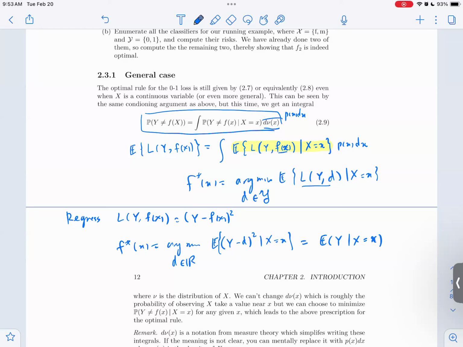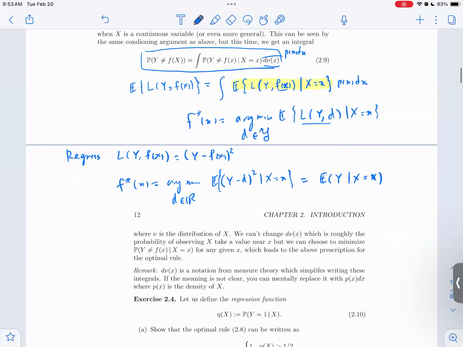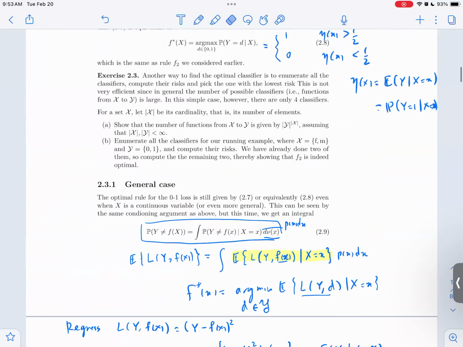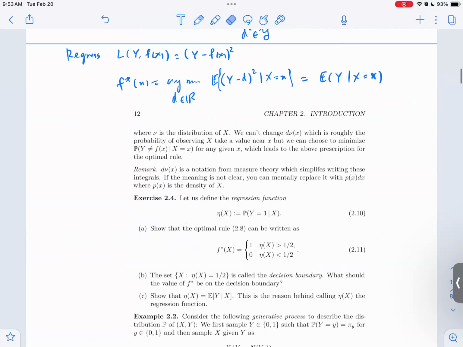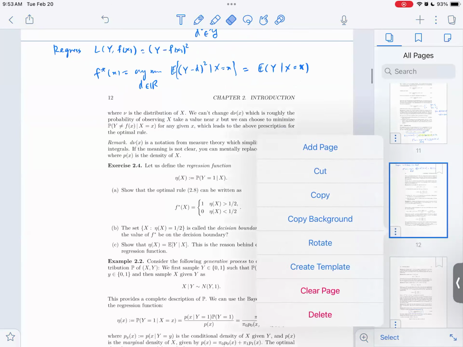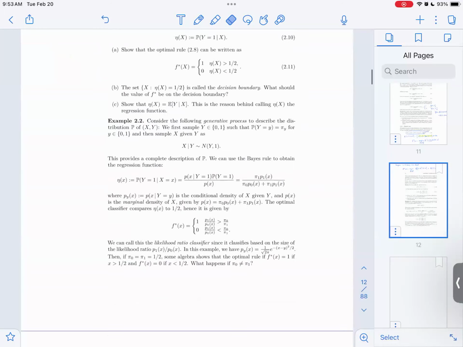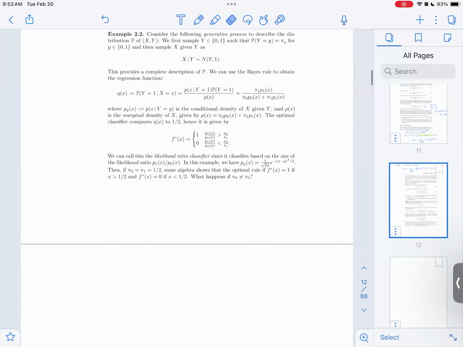So what do you guys think? You expand it and you take the derivative. You expand it, you get a quadratic. Maybe we do it on a separate page here. So I want to minimize this as a function.